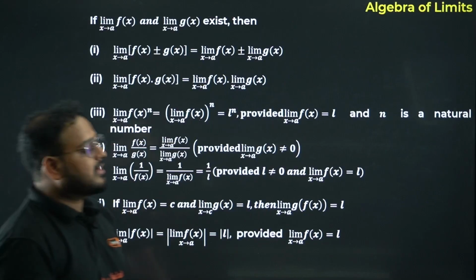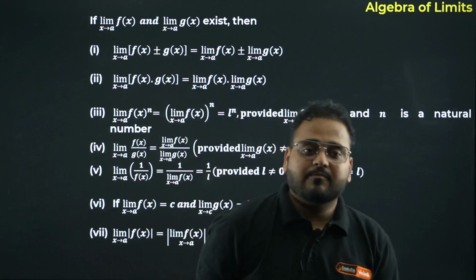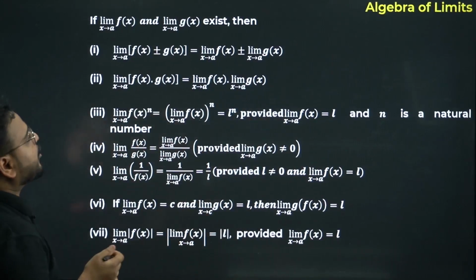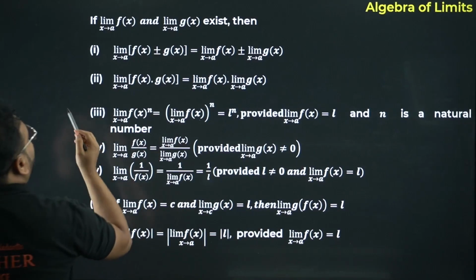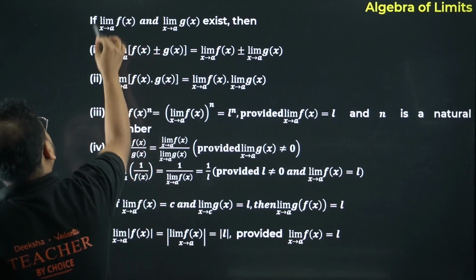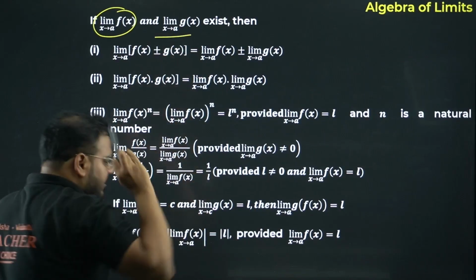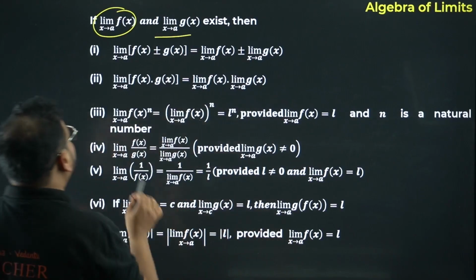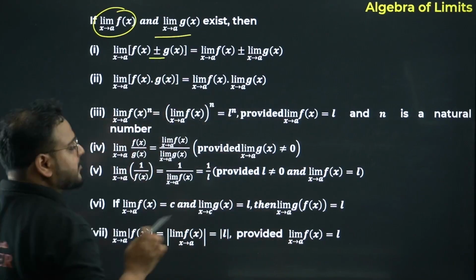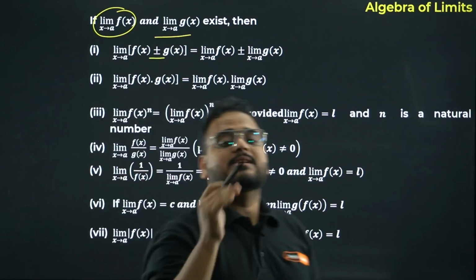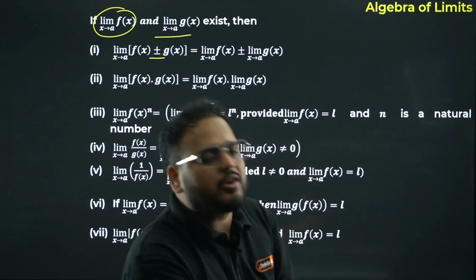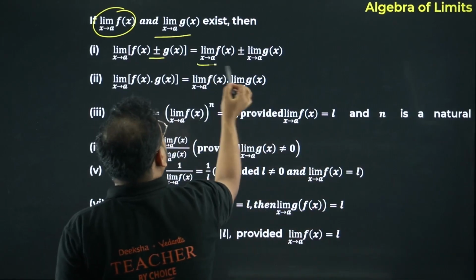Okay, moving on now. We have now in the limits, please remember, I have not taken everything, but some important results. When we're talking about the algebra of limits, let's say the limits of function f(x) and function g(x) exist. If I'm taking the sum and difference of the functions, first take the limit and then add or subtract.